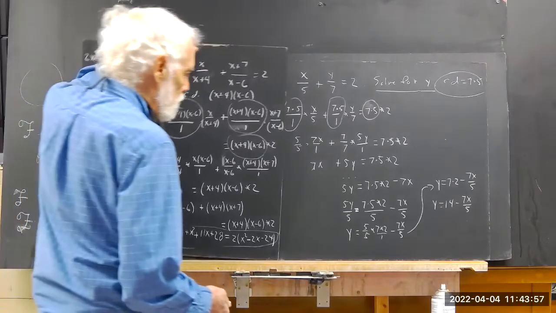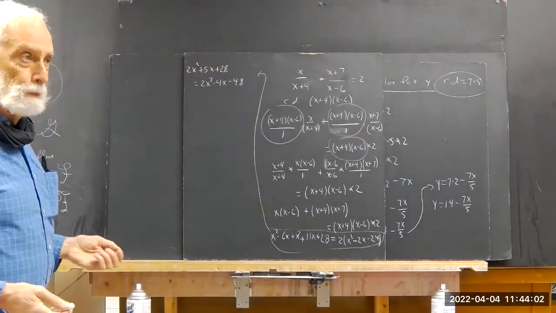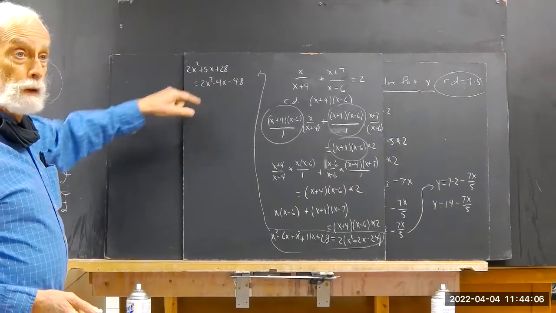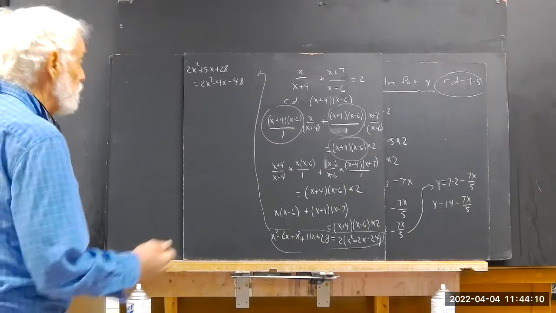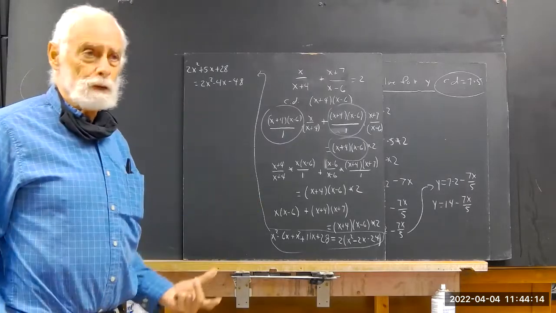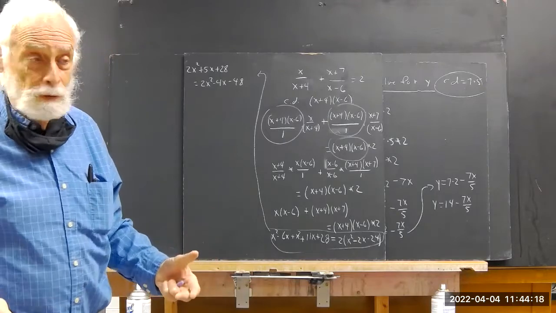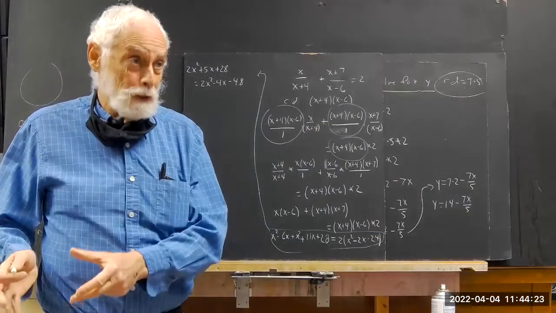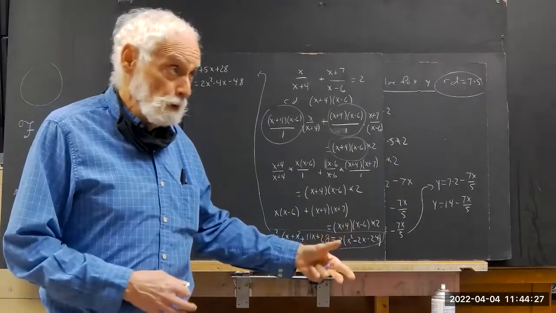I didn't leave myself an abundance of room here, but we can do this, okay? This looks like a quadratic equation. Okay, so what do you do? In any case, it looks like a polynomial of some kind, right? To solve a polynomial, you want to set it equal to 0 and then see if you can factor it, so you can set each factor equal to 0 and get your solutions.